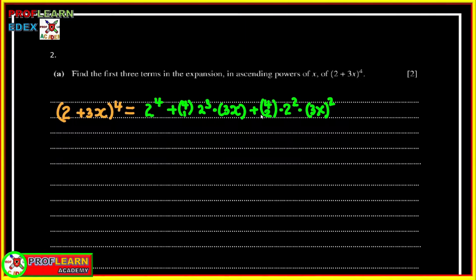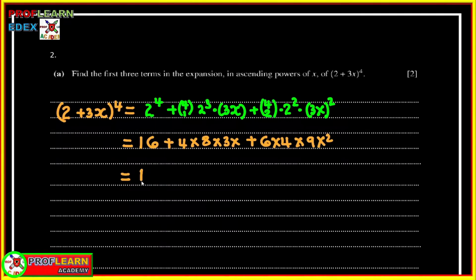So since we are finding the first 3 terms, we need to stop here so that we can simplify whatever we have here. So we can put this in a calculator. 2 raised to power 4 is 16. 4 combination 1, if I put this in my calculator, I'm getting my answer, then I need also to multiply by this 8, and 4 combination 2 is 6 times 4, then times 9 raised to power 2.